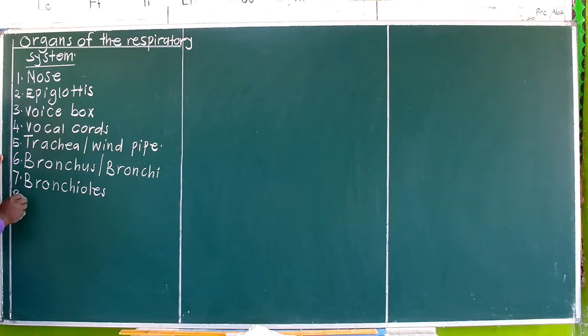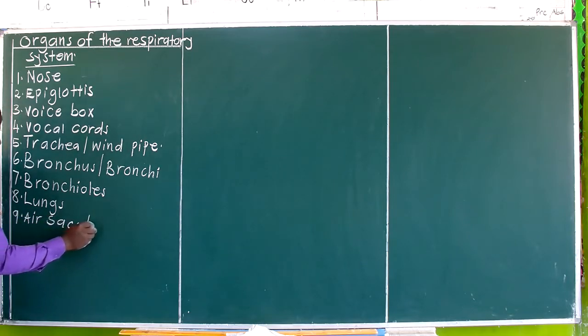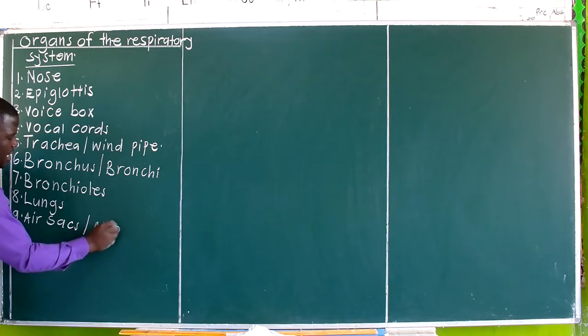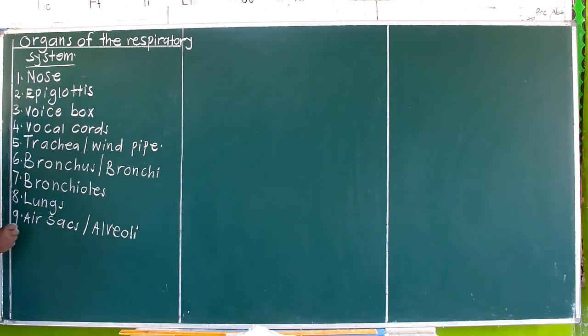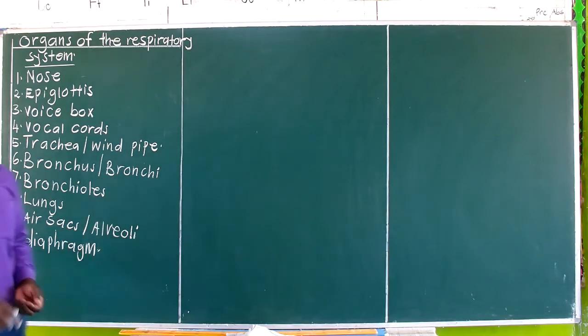Number 8, we have lungs. Number 9, we have air sacs, also known as alveoli. Then number 10, we have diaphragm.